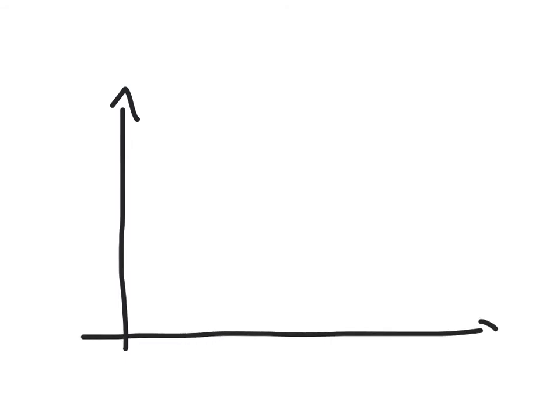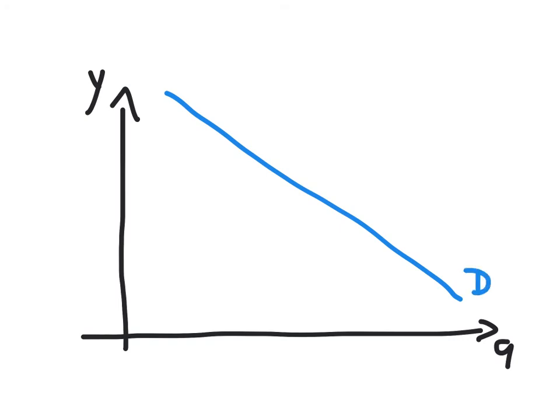Do it with me. So we're going to draw the price on the y-axis, the quantity on the x-axis. Please always label your graphs. We have demand for hand sanitizer sloping downward because the demand expands as prices go down, right? That's the law of demand.